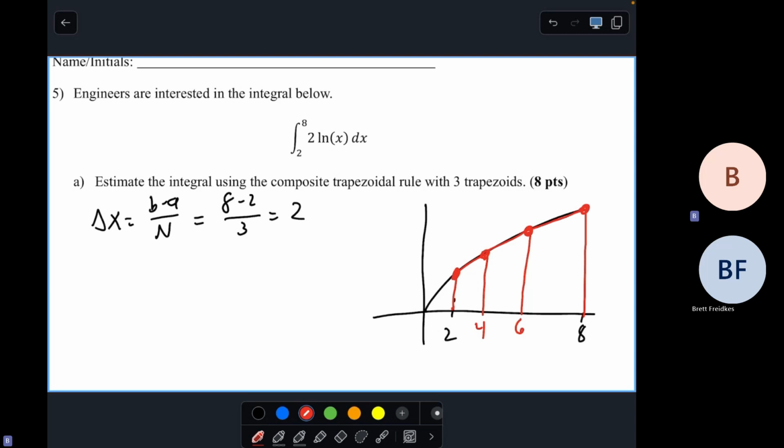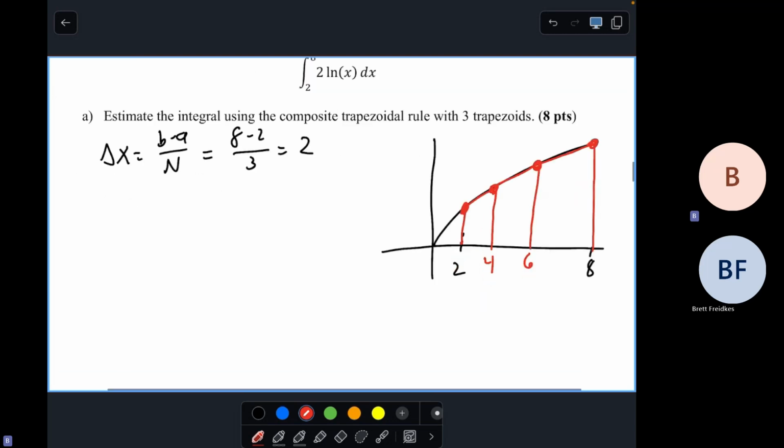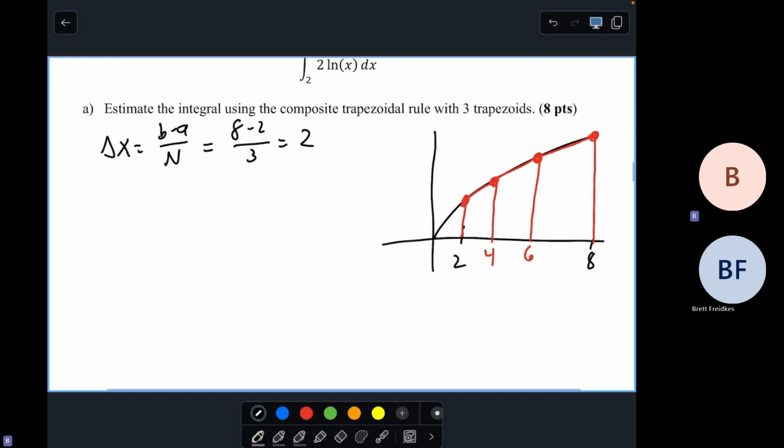We want to find the areas of each of those trapezoids. I do give you the general equation for the trapezoidal rule on the equation sheet. But we know the area of one trapezoid is 1/2 the width times f of x0 plus f of x1. It's the sum of the bases divided by 2, multiplied by the width, right?